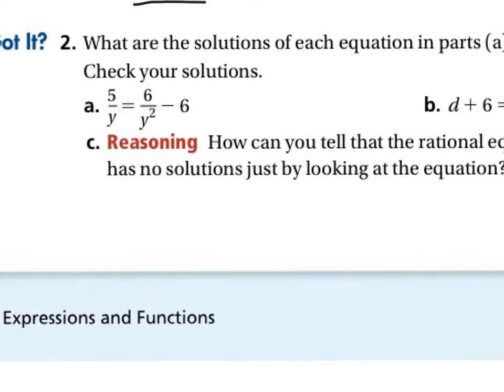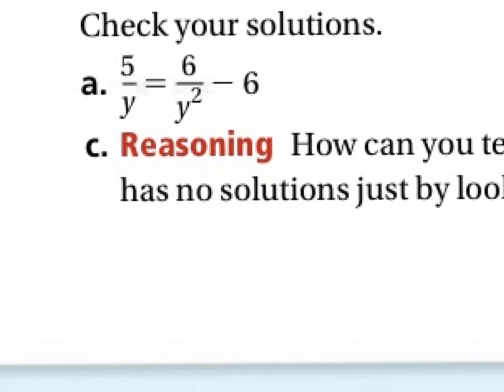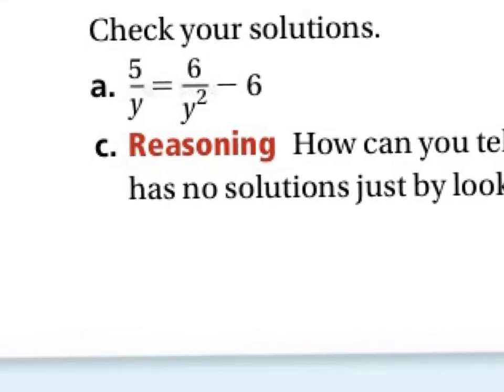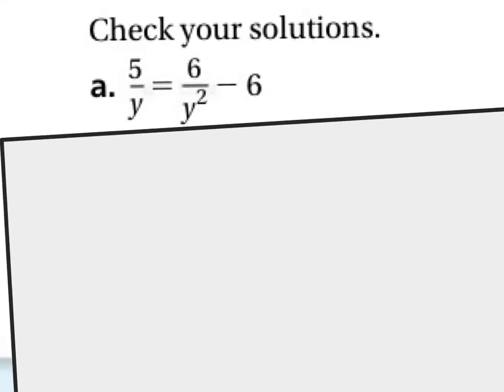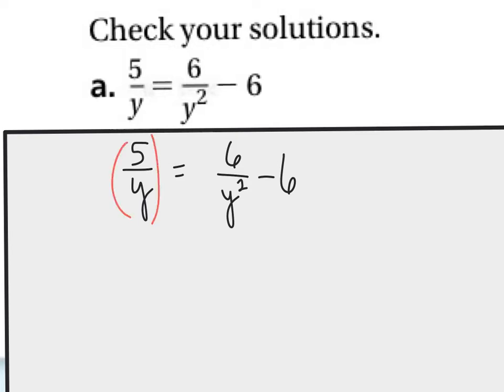So if you look at the got it number 2, part A, we are trying to solve this equation. So again, I'm going to just rewrite that so I've got room. So to start off with, to clear out our fractions here, we could multiply by y squared on both sides.